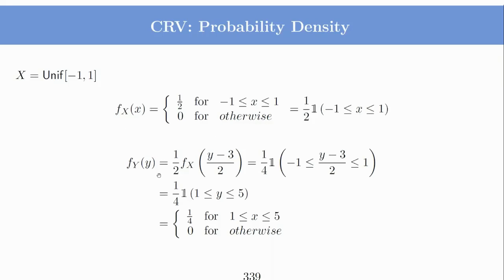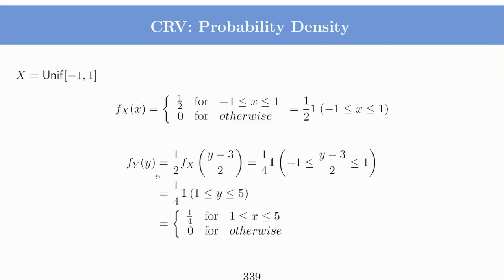So if I apply the same transformation, y equals 2x plus 3, then my PDF f(y) would be half times f_X of (y minus 3) by 2, and I will apply the PDF here. I just replace this value at x because I have to evaluate the PDF at this value instead of x.